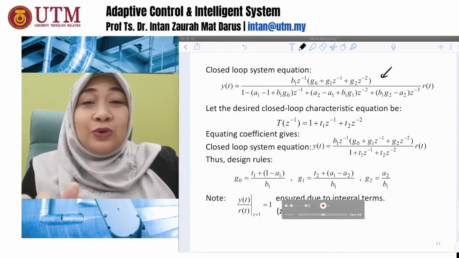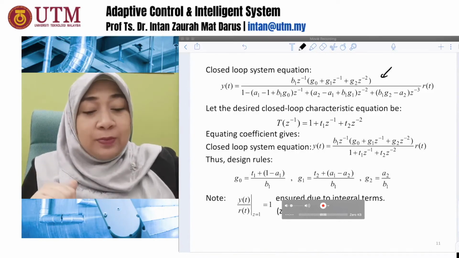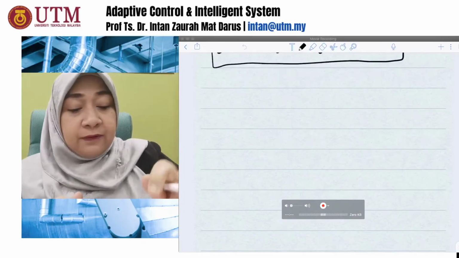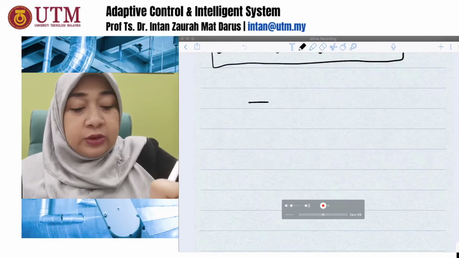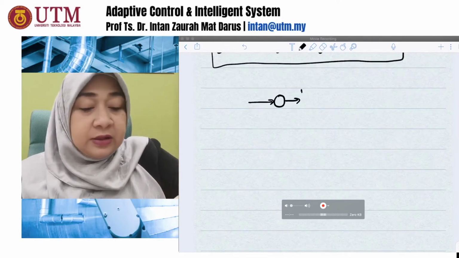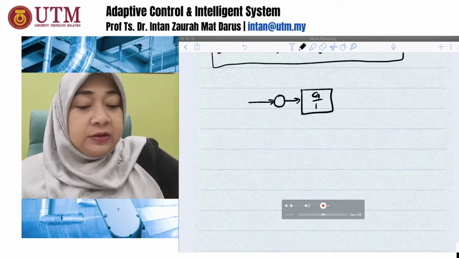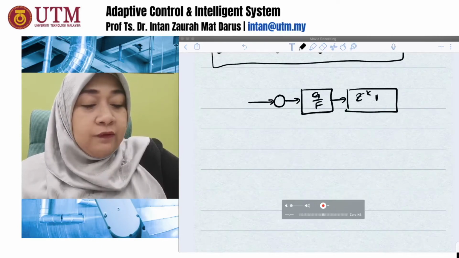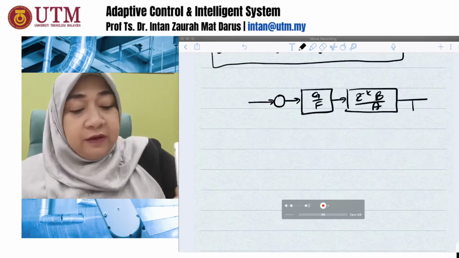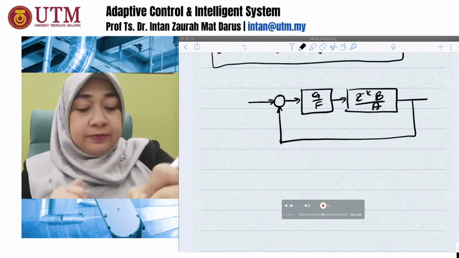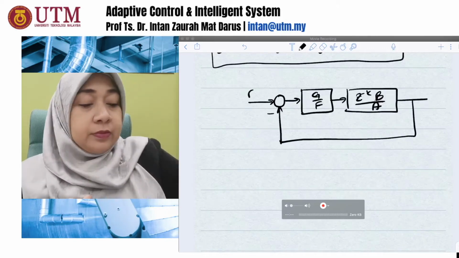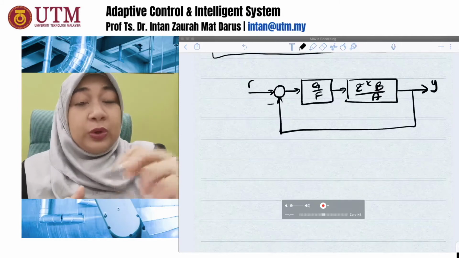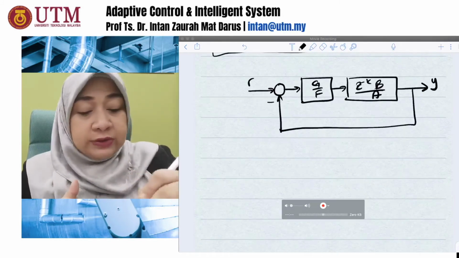If you go back to the notes, the initial equation had this G over F here, and then our transfer function is Z to the power of minus K, B over A, and then we have our closed loop system. What we want is a closed loop system equation, of course. So how to do that?